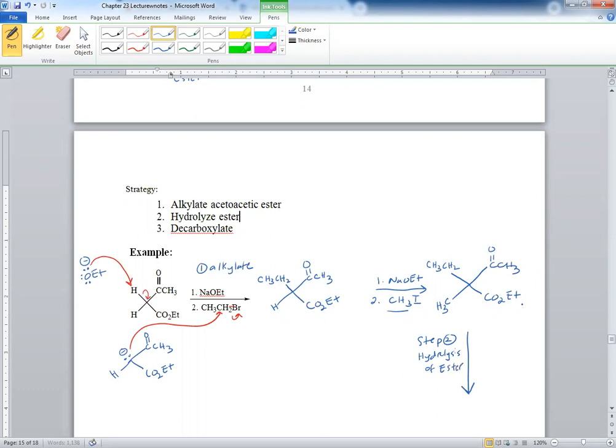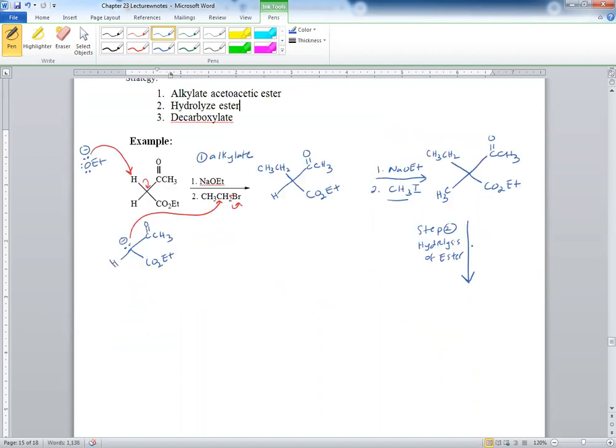Basically, what you are doing is changing the ester group, going from an OR to an OH. That's what a hydrolysis is. Again, that's a reaction we've done before multiple times. And the reagents for this are KOH, H2O, base promoted.